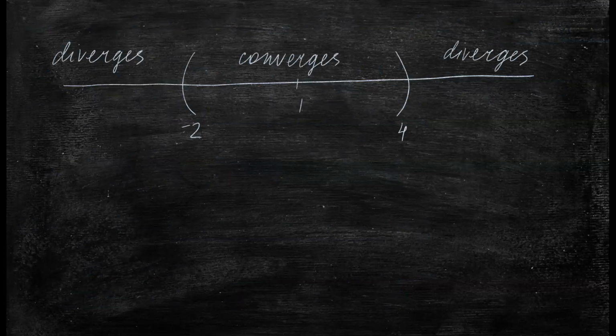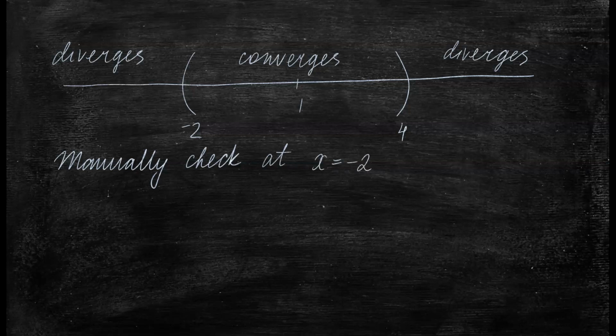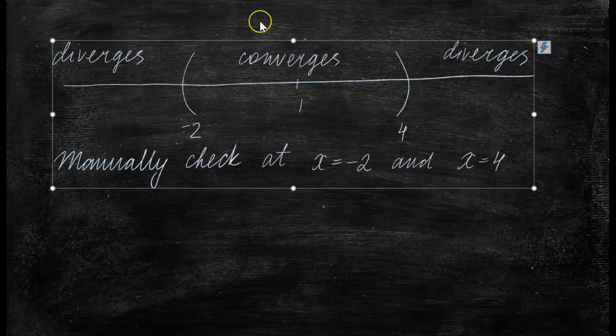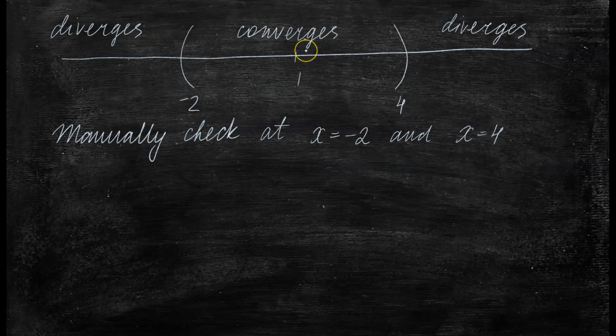So in that case, what we do is we manually check the behavior of the power series at these boundaries. Because the ratio test is inconclusive. And let's check.